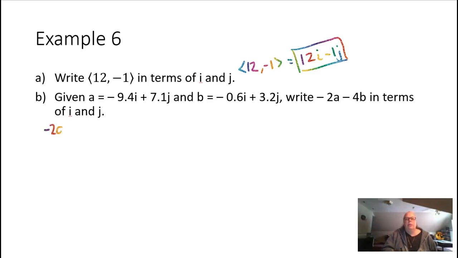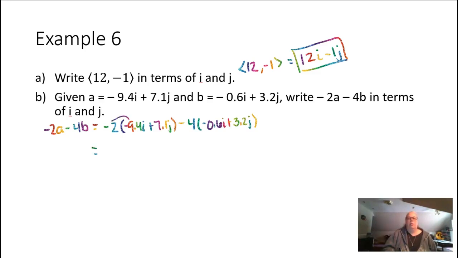All right, so negative 2a minus 4b is going to be negative 2 times 9.4i plus 7.1j minus 4 times negative 0.6i plus 3.2j.